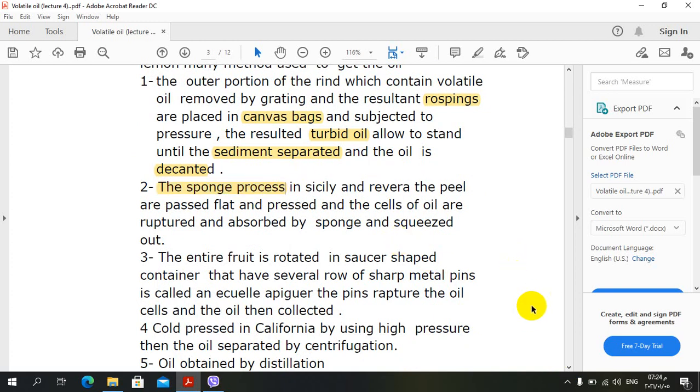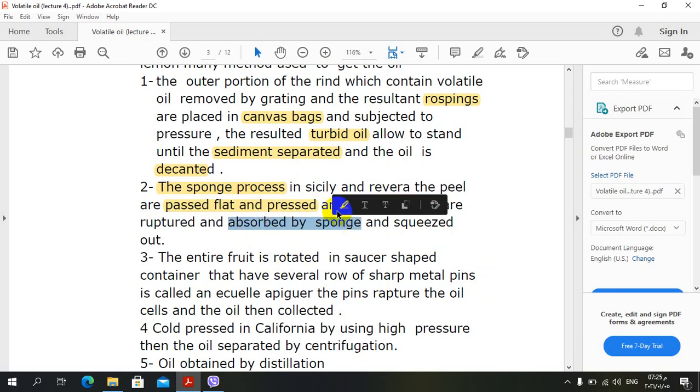Second, the sponge process in Sicily في جزيرة صقلية and Riviera اللي هي بفرنسا. The peels are passed flat and pressed, and the cells of the oil are ruptured and absorbed by sponge and squeezed out. 3.